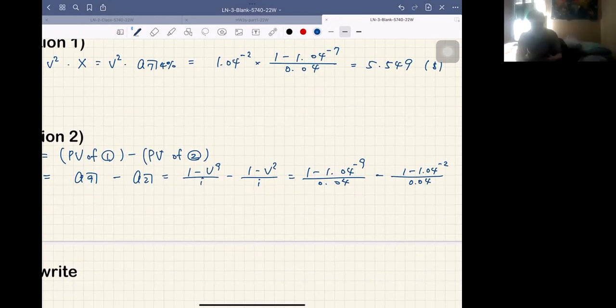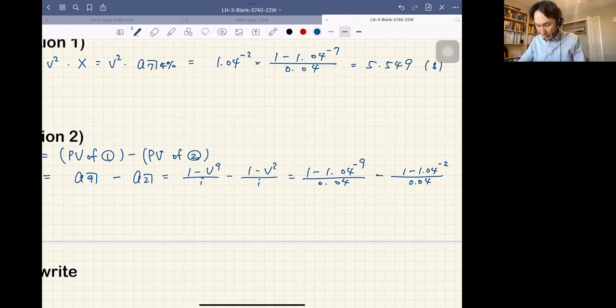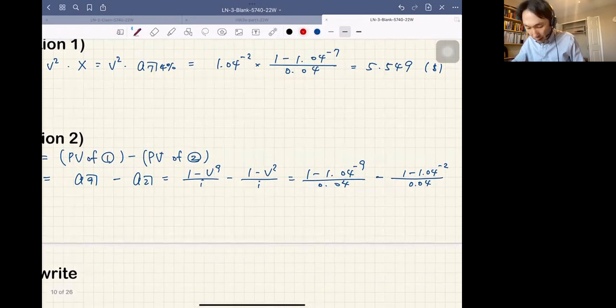So maybe I can calculate it again. 1.04 to the power negative 9, minus 1, divided by 0.04. This is 7.4353.